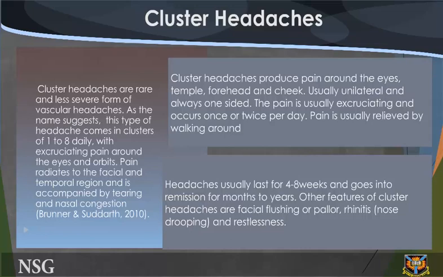Pain radiates to the facial and temporal region and is accompanied by tearing and nasal congestion (Bronner and Sudat, 2010). Cluster headaches produce pain around the eyes, temple, forehead, and cheek, usually unilateral and always one-sided.